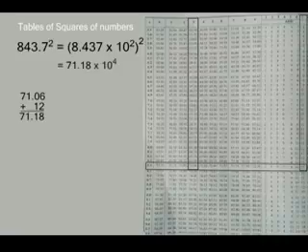We move the decimal leftwards, so we have 7.118 times 10 raised to power 5. You can leave your answer like that or give it in full, and that will be 711,800.